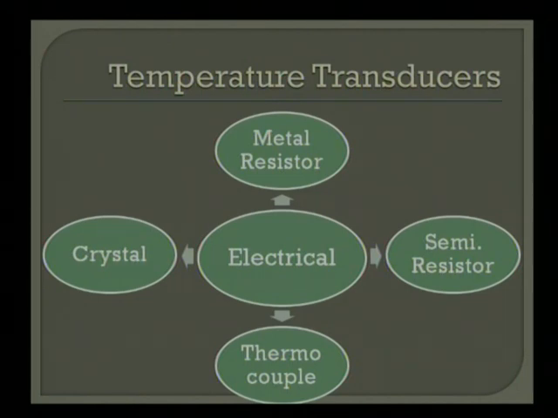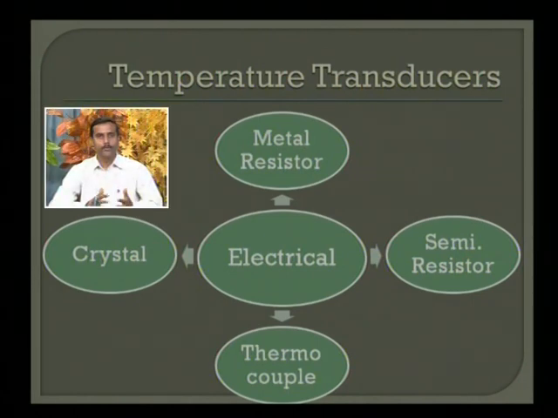The second category of device is the electrical kind of device. Electrical devices are again of different categories or types. Starting with the first one, metal resistors. We know the properties of metal. Metals are basically crystalline inside the structure. So if it is exposed to electrical potential, the current flows from one end to another end, passing through the lattice structure of the metal.